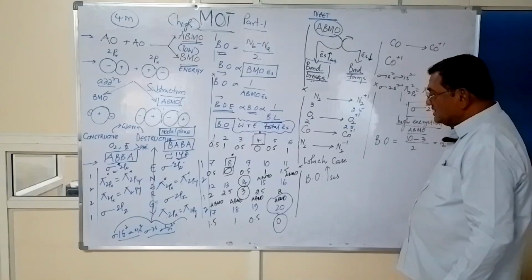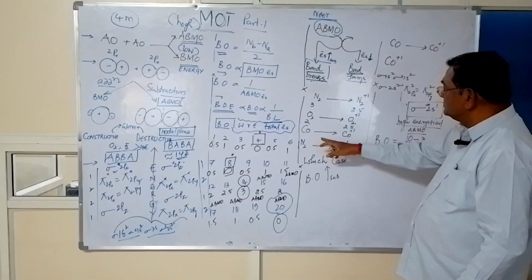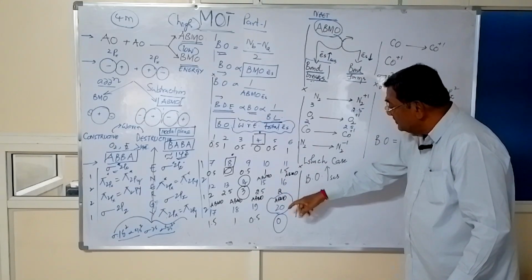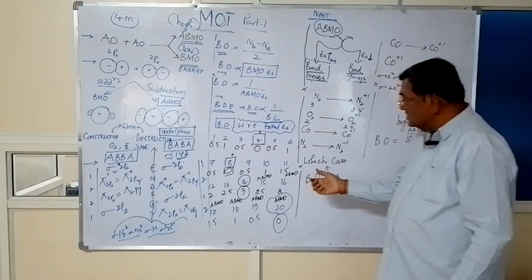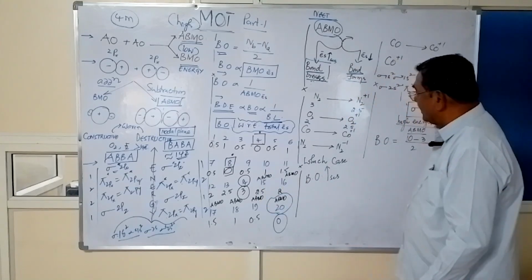Follow, children? The 16 electron system has bond order 2, and the 15 electron system is going to have 2.5.